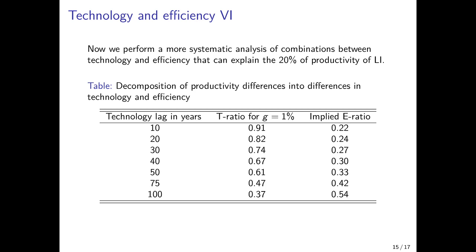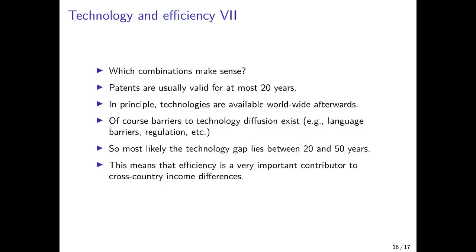So that implies actually that we can explain a rather small part of the differences between the two countries in terms of true technology differences, because it's really unrealistic that a country lags behind the technology leaders for, say, more than 50 years or something like that, and that efficiency would play a rather important role in explaining the cross-country income differences. So that's also the topic of this slide here, namely which combinations actually make sense.